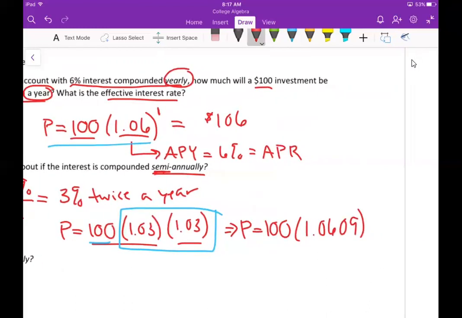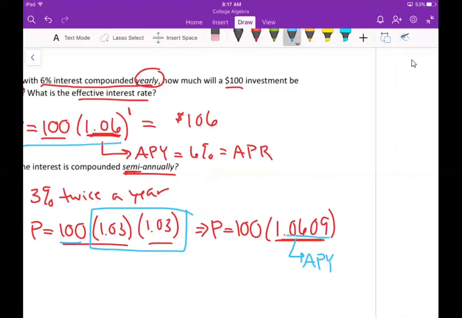Notice the difference here. I'm not multiplying by 6% anymore. I'm adding in something bigger than 6% here. If I think about what that interest is that I added in, I can see right there that my APY is 0.0609 or 6.09%. I have a higher APY than my APR was reported at, 6%.